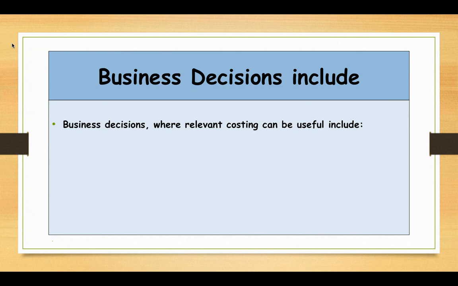We are going to see some business decisions where relevant costing can be useful. The first one, shutdown decision or closing of a business unit. So when making this decision, businesses compare the cost that can be saved due to the closure and the revenue lost when they close that particular division.